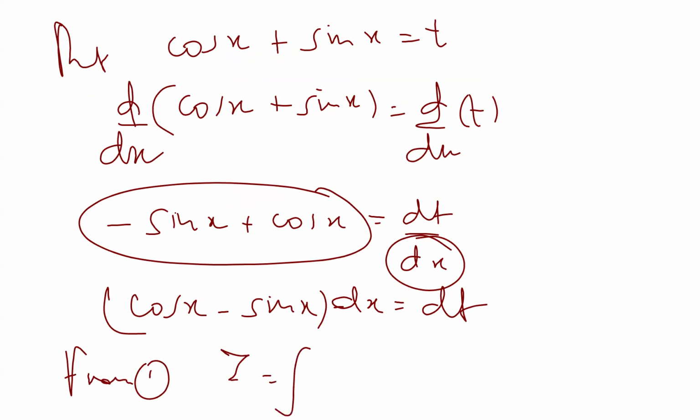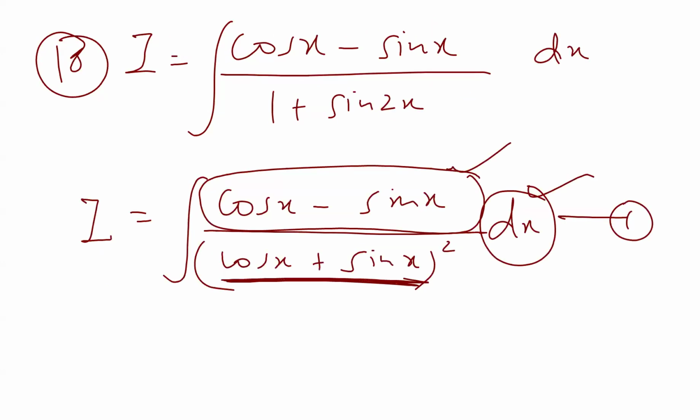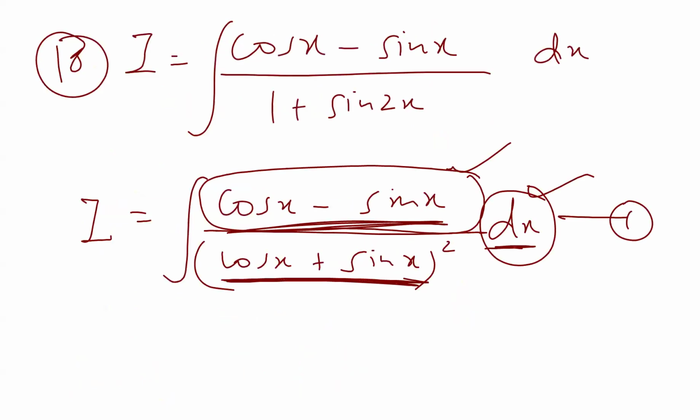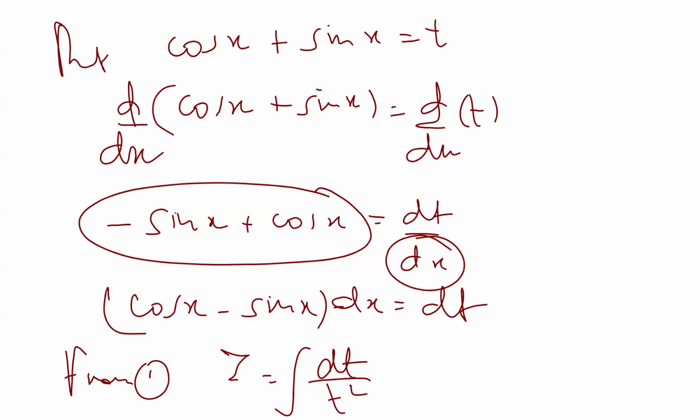Now from 1 integration, cos x minus sin x dx is dt upon t square. Why t square is because this part is t. It is t square. So 1 upon, or rather t raised to minus 2 dt.